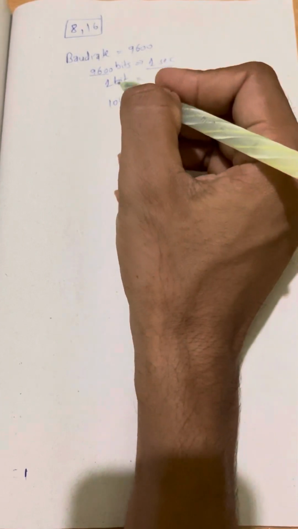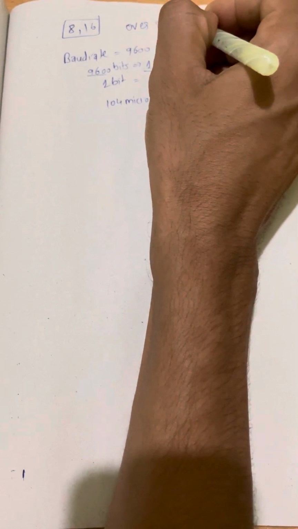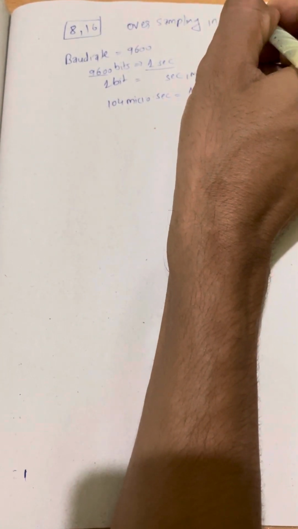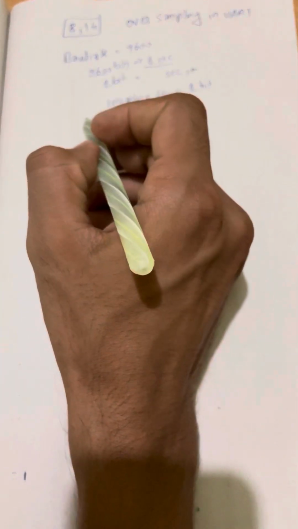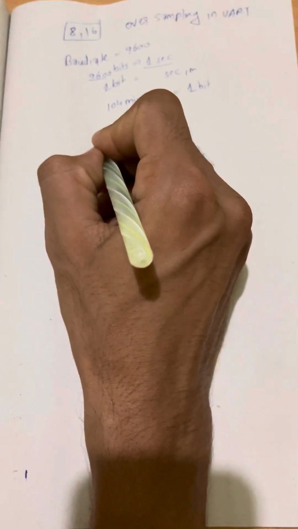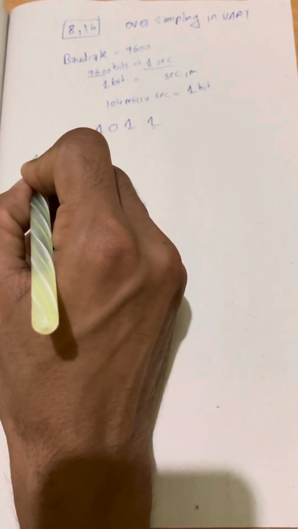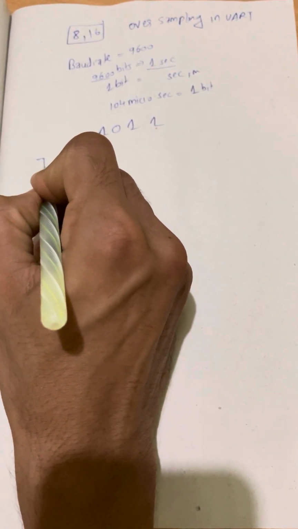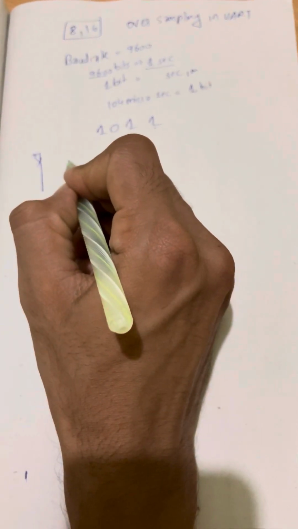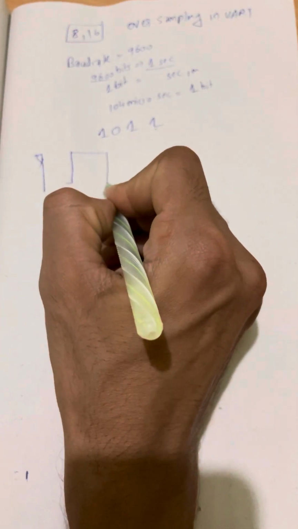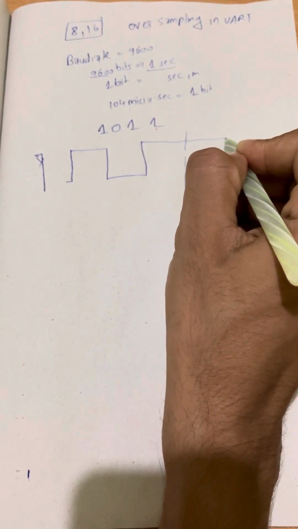Okay, now we will come back to our point. What is oversampling in UART? Okay, now let me plot the graph. Suppose you are sending 4 bits, 1011. Suppose this is 1, this will be 0, this will be 1, and this will be again 1.